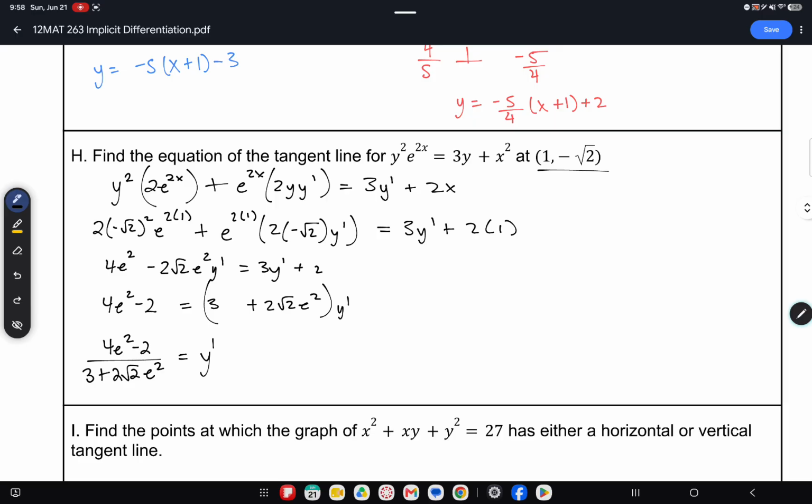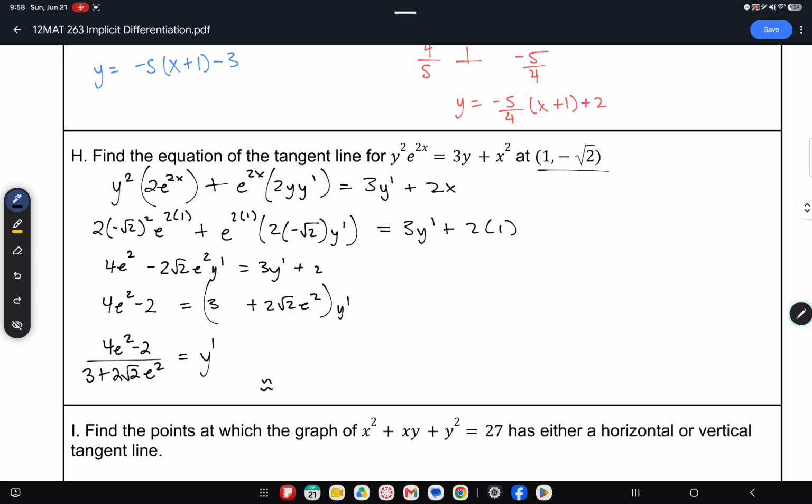So 4e squared minus 2 divided by 3 plus 2 root 2 times e squared.